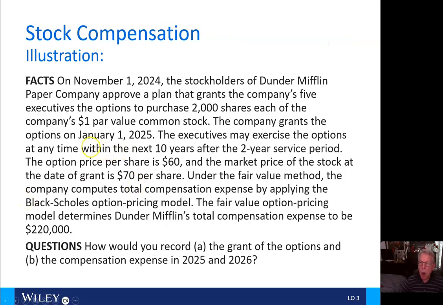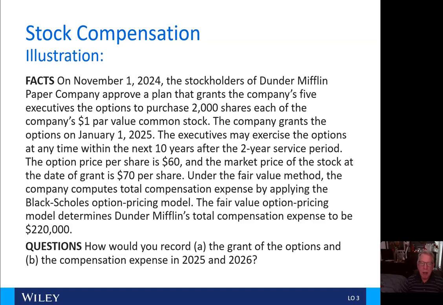On November 1, 2024, the stockholders of Dunder Mifflin Paper Company approve a plan that grants the company's 5 executives the options to purchase 2,000 shares each of the company's $1 par value common stock. The company grants the options on January 1, 2025.